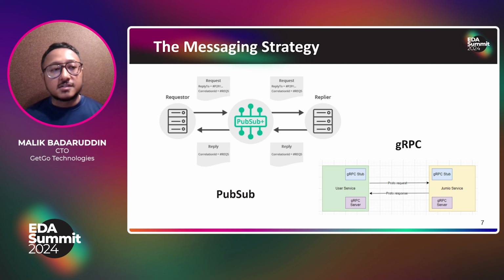There were many solutions available, but at a PubSub level, we were looking at how to connect each service and where to connect each service in each of the request calls. And maybe PubSub is not the only solution.